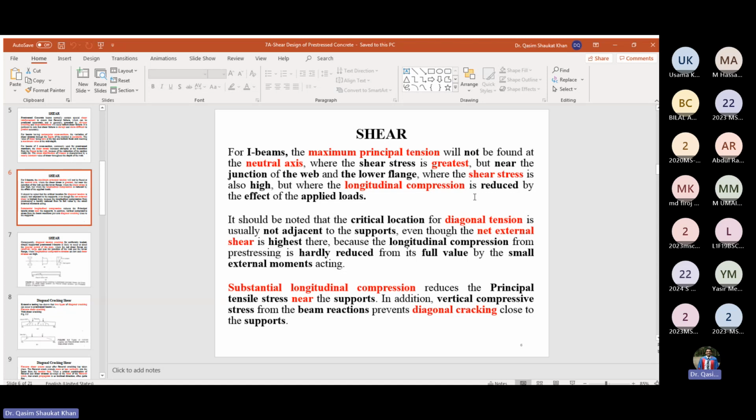And due to the applied loads, which are producing the sag in the beam, that is compression at the top and tension at the bottom, they are basically cancelling. So that's what they are writing. The longitudinal compression produced due to the hog is reduced by the effect of the applied loads, which are producing the sagging in the beam.